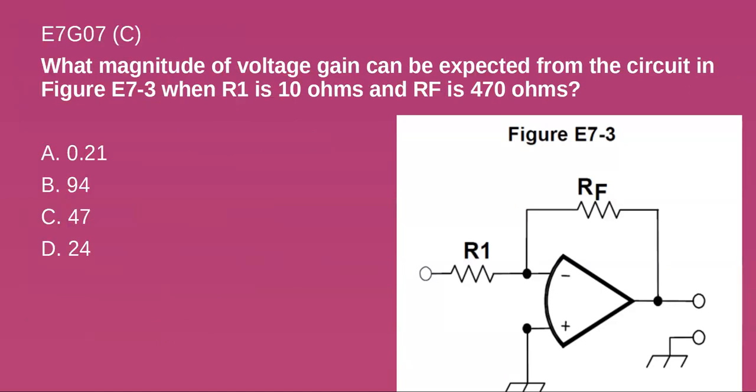So what magnitude of voltage gain can be expected from the circuit in figure 7.3 when R1 is 10 ohms and RF is 470 ohms? Did you do that with your calculator? Not yet.